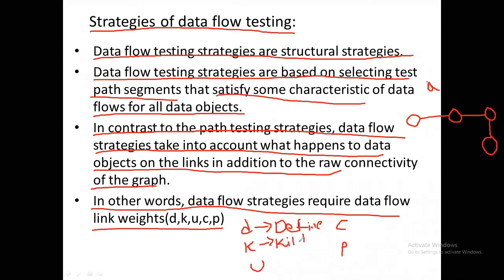U means use. U is nothing but using the data object. C means computing. C is nothing but computing. P means predicate.